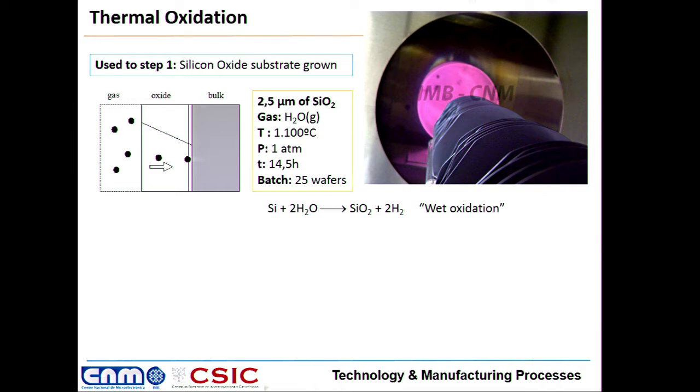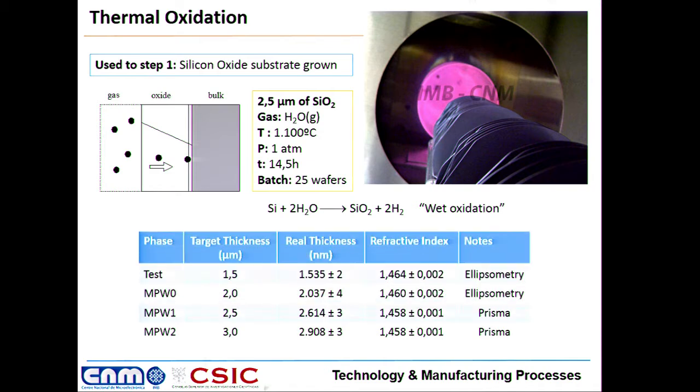So we put the wafers in a furnace at more than 1,000 degrees, and we put in an oxidizing agent that could be oxygen or water, and with this temperature, this oxidizing agent goes through the silicon and oxidizes the wafer.